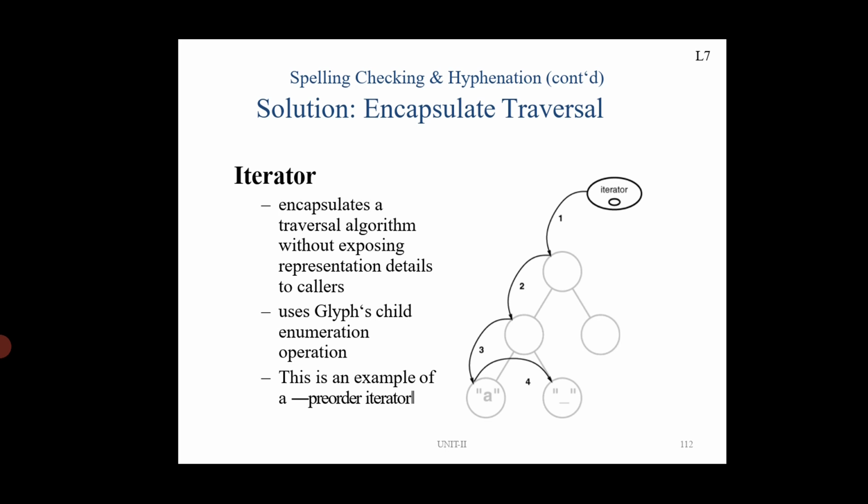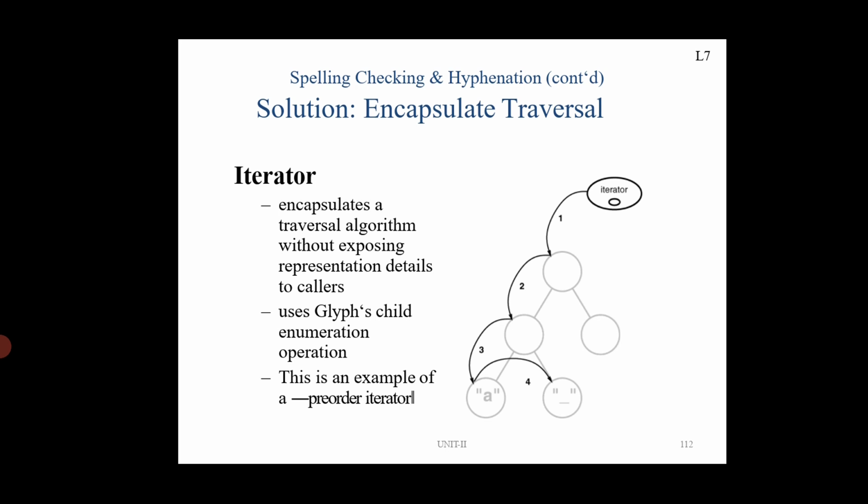So we need to use a glyph child enumeration operation. The iterator pattern illustrates once more how encapsulating the concept that varies helps us gain flexibility and reusability.